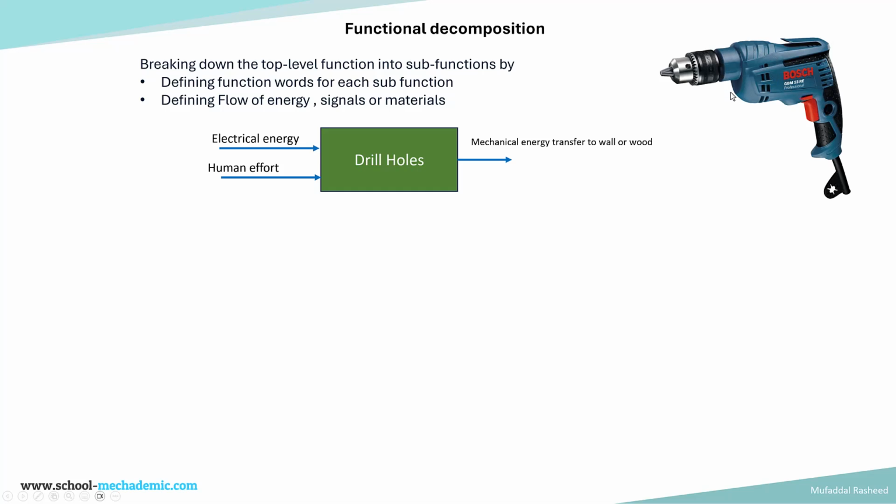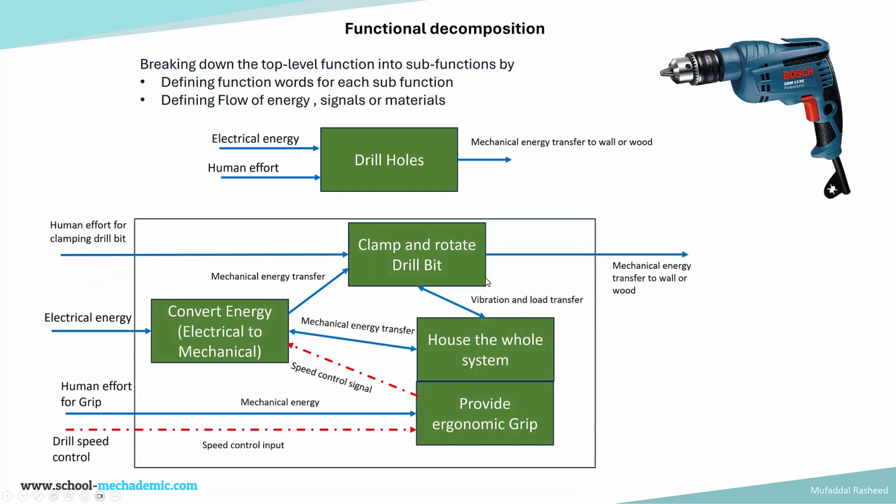So you can see the housing, that is a plastic housing, there is a button which is included in the housing, and there is a chuck which is holding the drill bit, and that chuck is connected to the motor internally. There is a motor inside, and the motor is connected to this wire. So there are multiple parts to the drilling machine, which basically results in its performing the function over here, which is to drill holes.